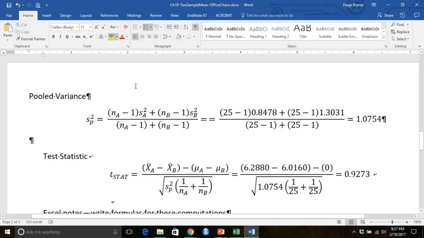Now, the next computation I need to make is my pooled variance computation. So I've just pulled over the formula we saw on the PowerPoint slide just a moment ago. So you can see sample size minus 1 times the variance of sample A, sample size 2, and so forth. Just plugged in the numbers here, and I'm showing you the result.